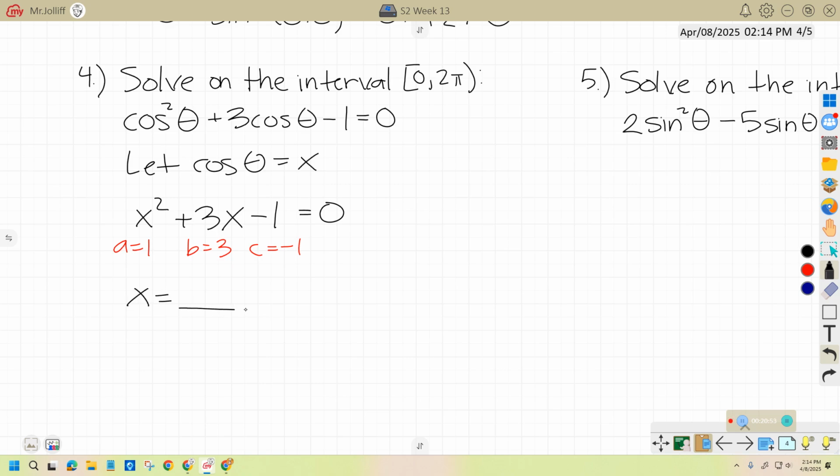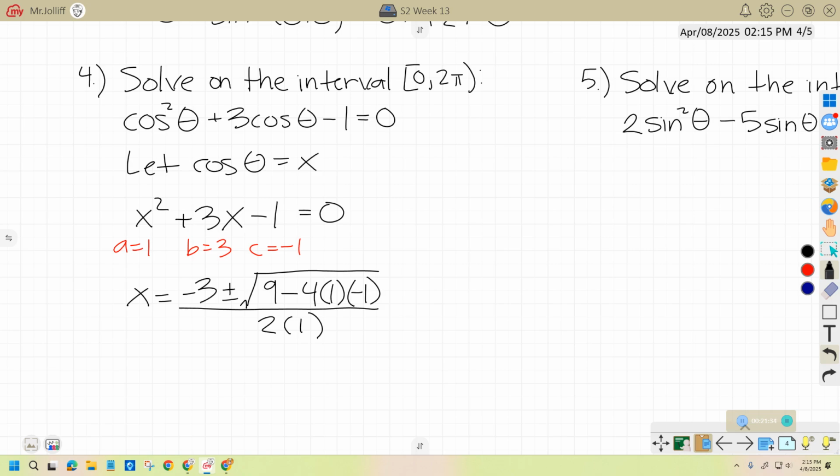So x equals negative B, so -3 plus or minus square root of B squared, 3 squared is 9, minus 4 times A times C, all over 2 times A. That's not even trig, that's just algebra. That's old school math.